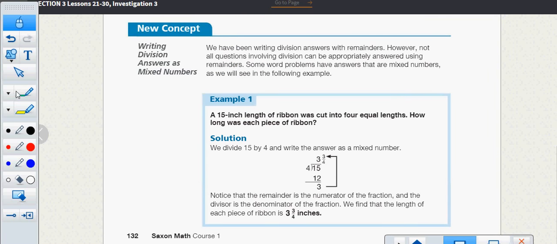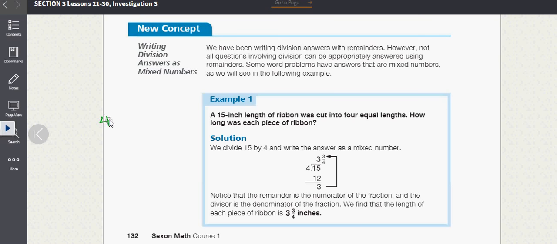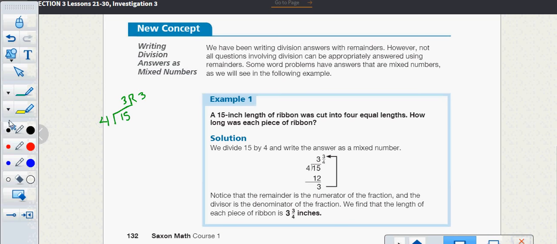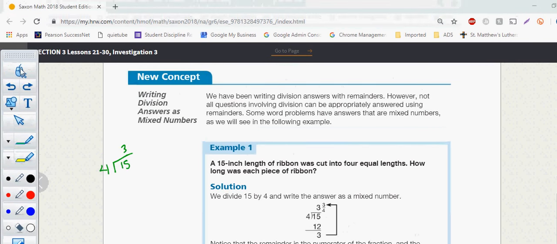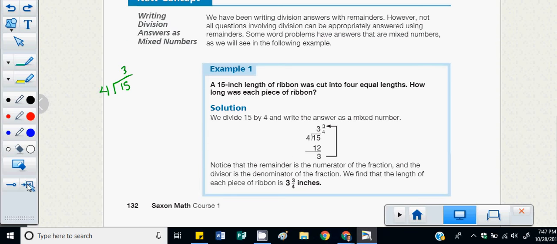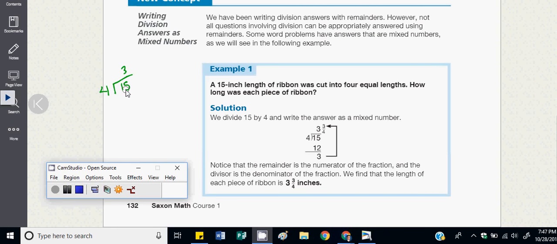And then we'll finish up on a review of what multiples are and how we come up with those for any given number. So instead of writing 4 into 15 answer 3 remainder 3, now we get to calculate and show that answer as a mixed number, which means our remainder now actually becomes a fraction.